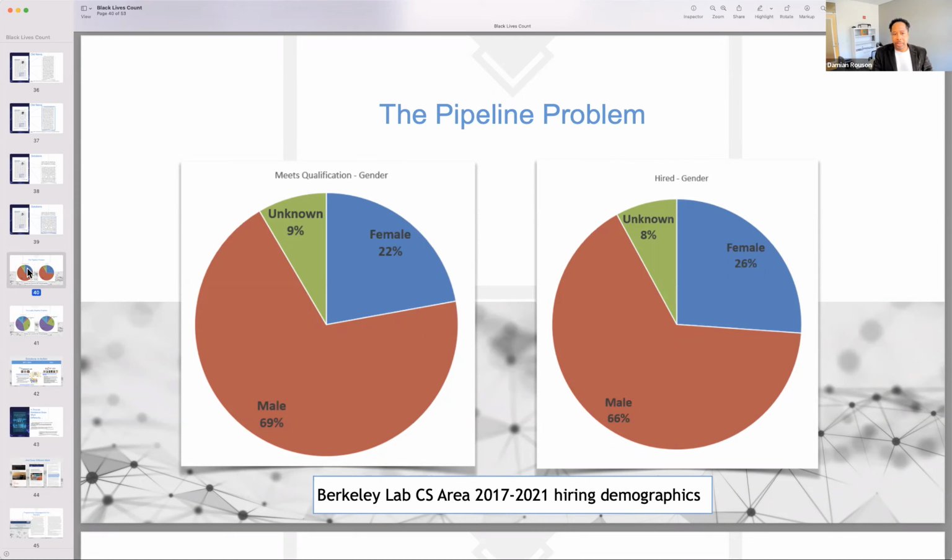If you look at the people who apply for our positions in the CS area, and this is looking specifically at staff hiring, so it's not including students. The picture can be slightly different when you look at students. In our process of hiring, there are various stages an applicant can go through.